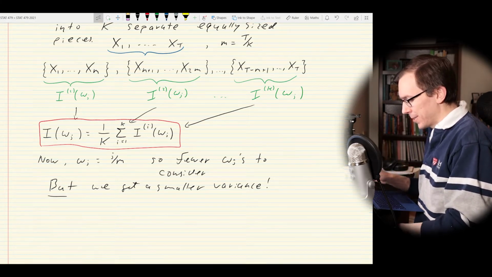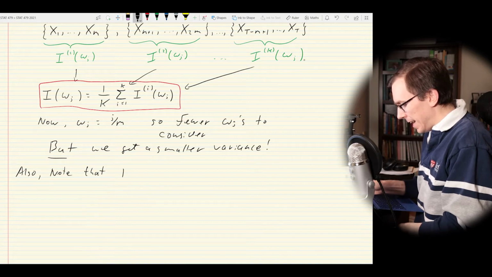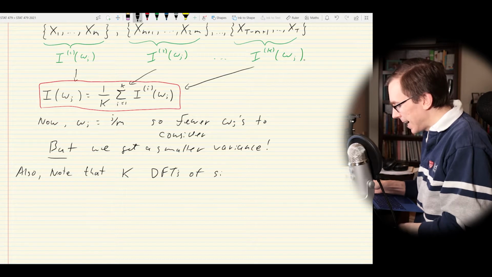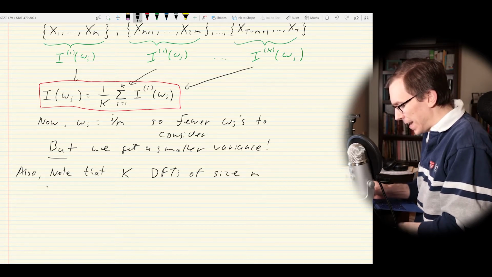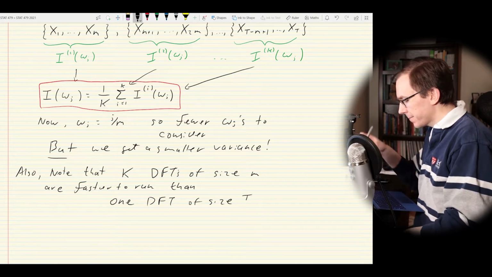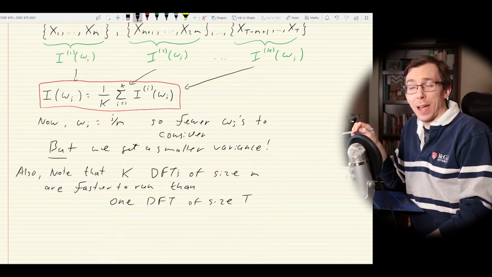And there's one other thing to note. Also note that k DFTs of size m are faster to run than one DFT of size T. Remember that the discrete Fourier transform, if I recall, has quadratic complexity.